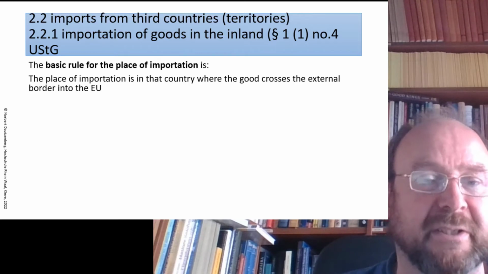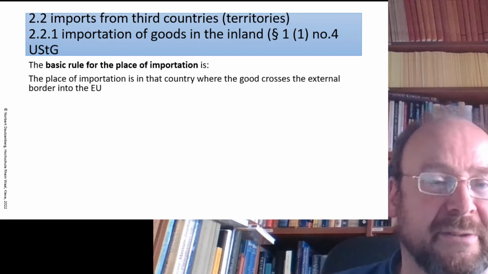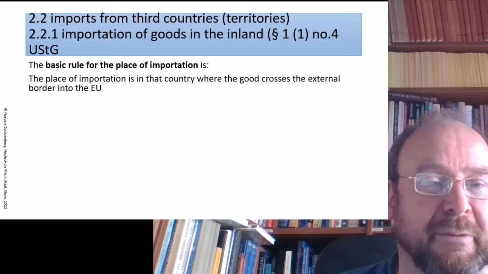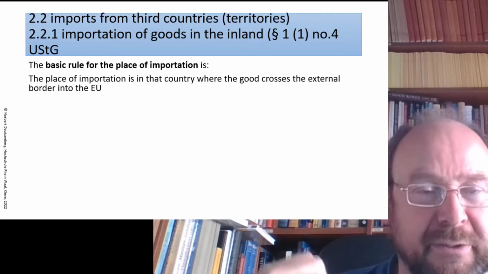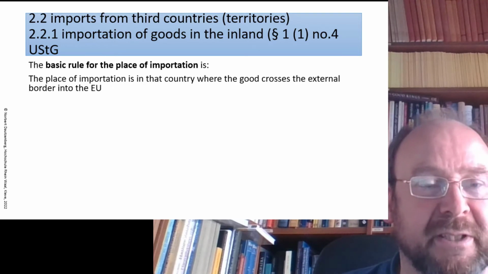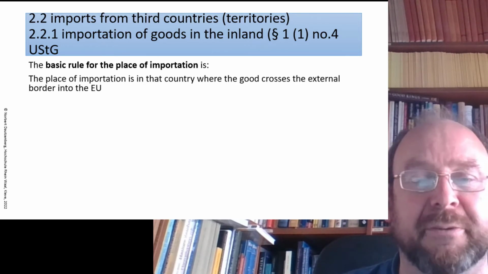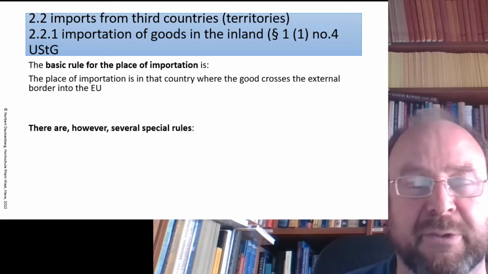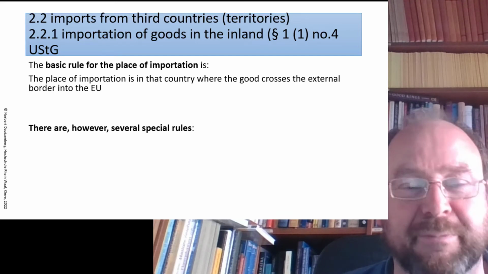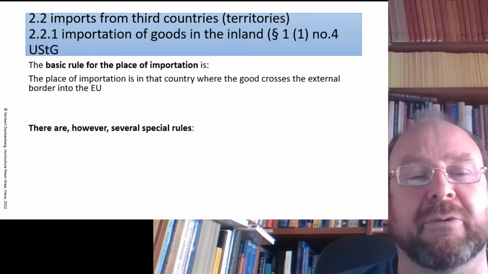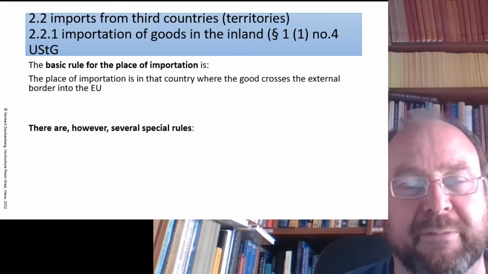So if somebody comes with a good in his or her baggage from Switzerland and walks over the border to Germany with that good in the rucksack, then this is simply an importation into Germany because you crossed the border with the good on the German border. Now there might be special rules where you can deviate from that basic rule.